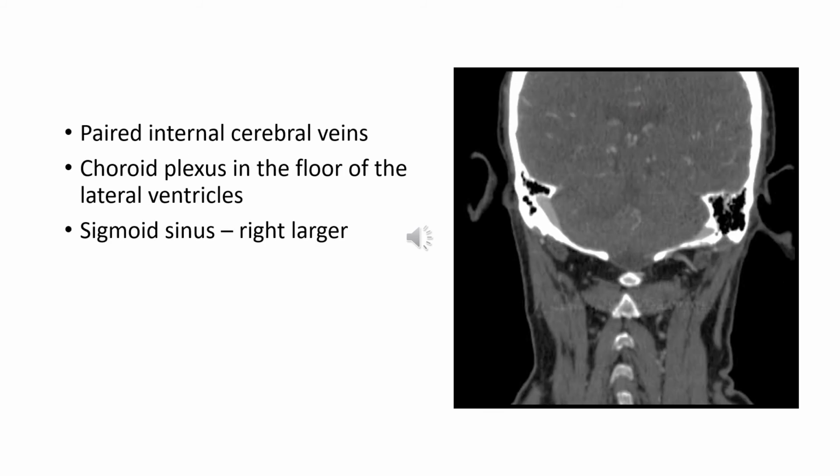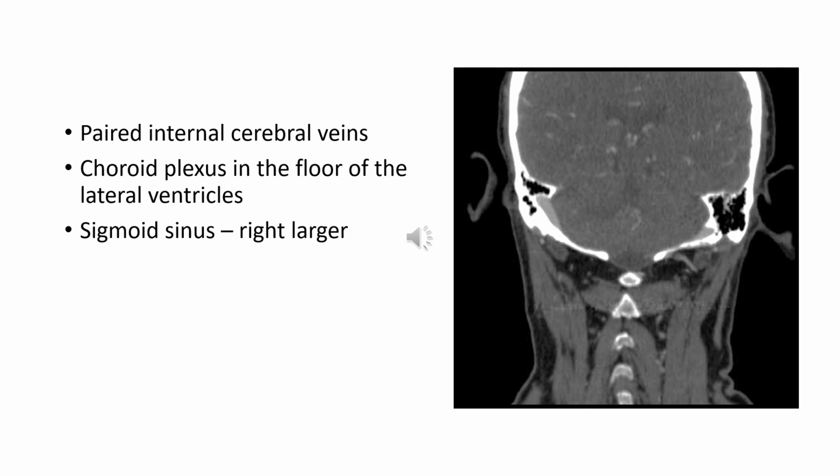This is a coronal slice taken now slightly posteriorly. The two red arrows show the paired internal cerebral veins within the deep structures of the brain. So these are going to coalesce into the great vein of Galen, and as they travel posteriorly are going to drain into the straight sinus that we saw in the previous slide.